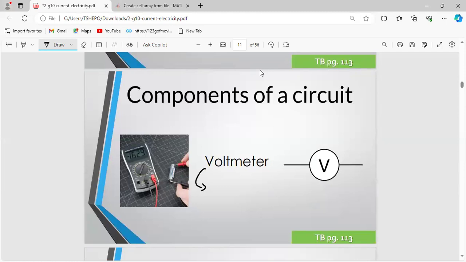The voltmeter produces what you call the voltage, or if we don't call it voltage, we call it the potential difference.